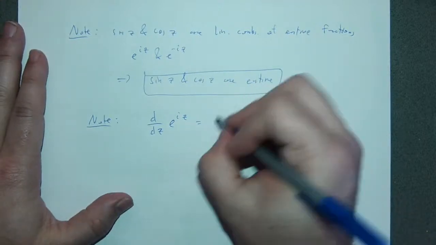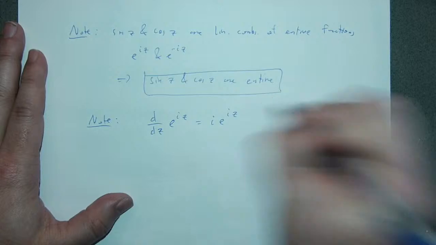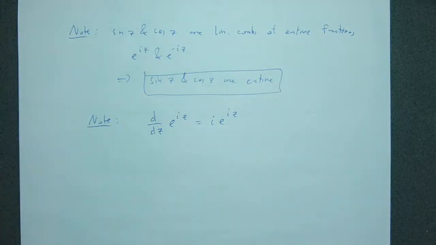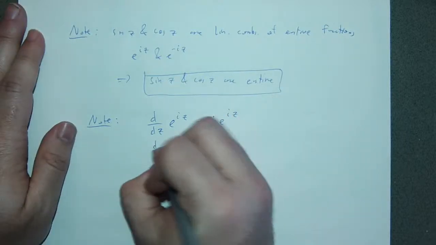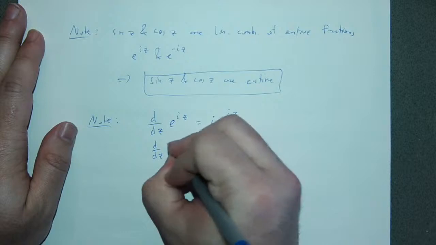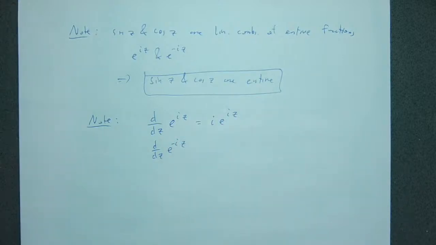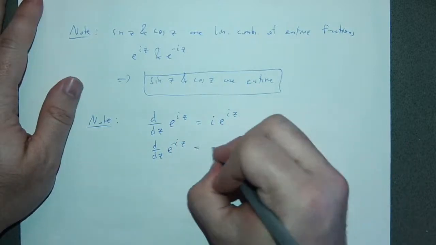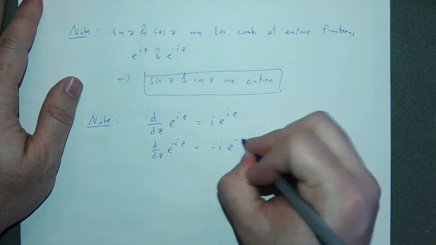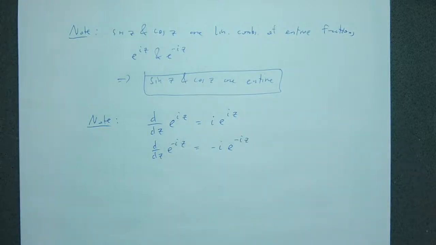Well, this is i e to the iz, and the derivative of e to the minus iz is minus i e to the minus iz.